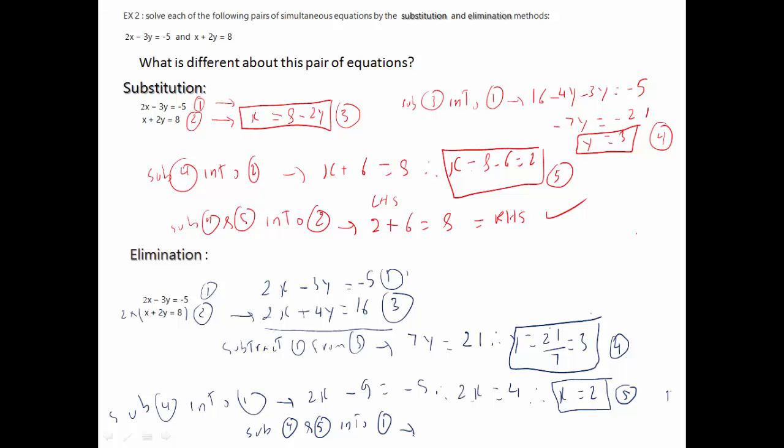That would give us the right hand side and left hand side. Left hand side equals 2x, so 2 times 2 is 4, minus 3y, 3 times 3 is 9, and that's equal negative 5, which indeed equals the right hand side. So that's correct. So as you see, this is elimination, and the above is substitution.